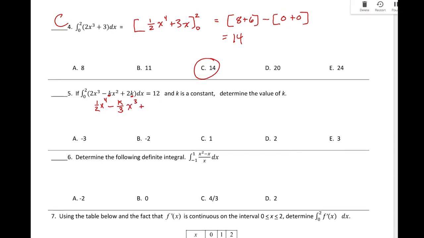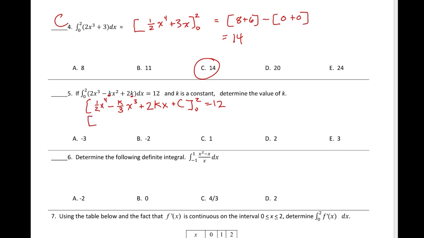Now here, 2k is a constant. So it's just going to be 2k x. And then, of course, we get a plus c. And we're going to go from 0 to 2. And this whole thing's going to equal 12. So what I need to do is substitute in 2 for x, substitute in 0 for x, and then subtract those two expressions.